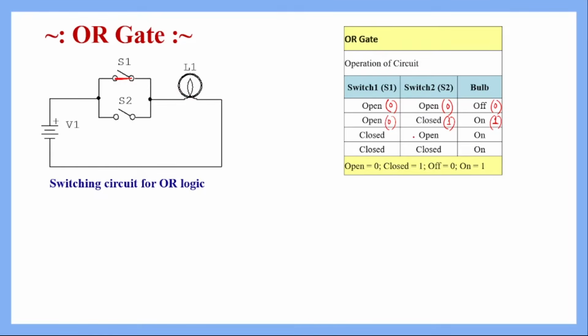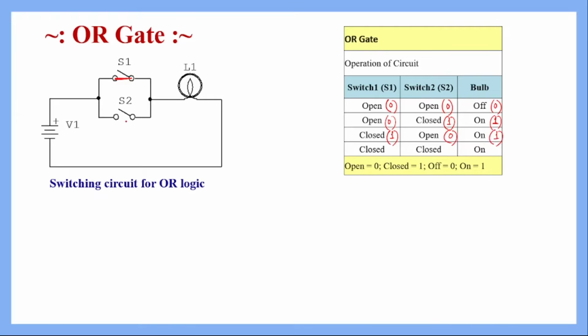So we understand here that when switch 1 is at logical high level and switch 2 is at logical low level, which is 0, then the bulb is glowing, that means the output of that circuit is at logical high level 1.